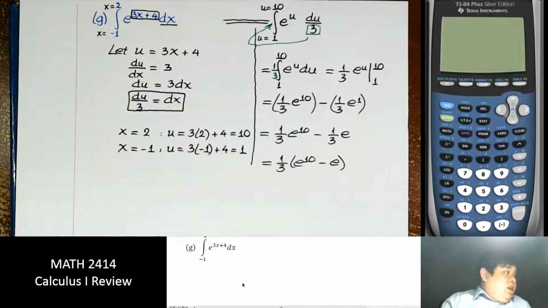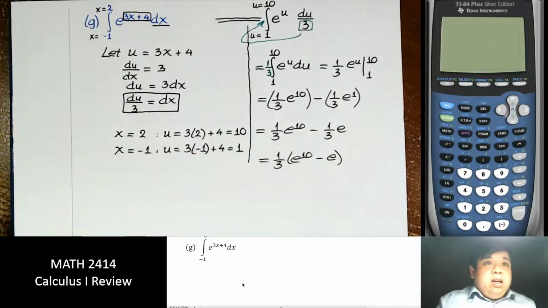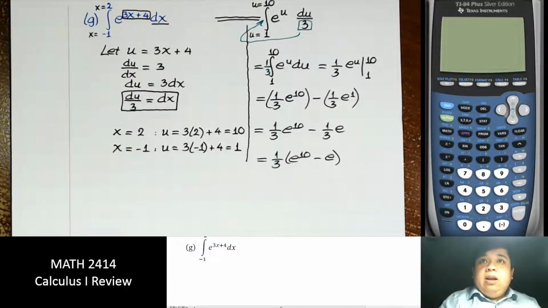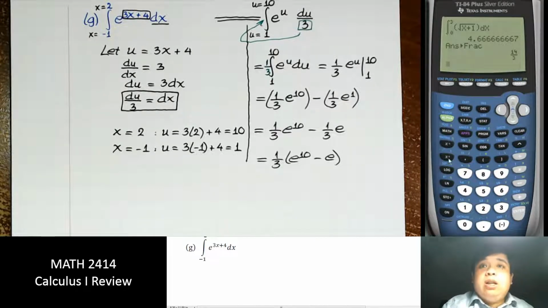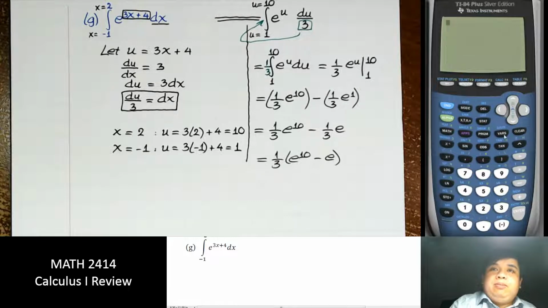Right. The answer is not anything nice and even because e to the 10 is what we call transcendental. This means it's certainly an irrational number. Right. Make sure it works. Let's check. Math number 9. Going from -1 to 2.